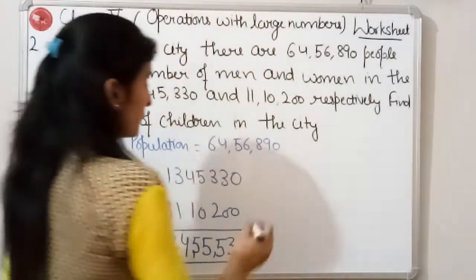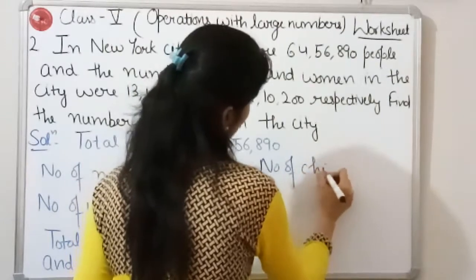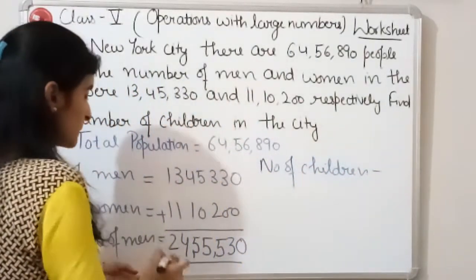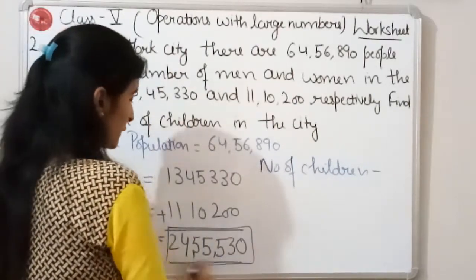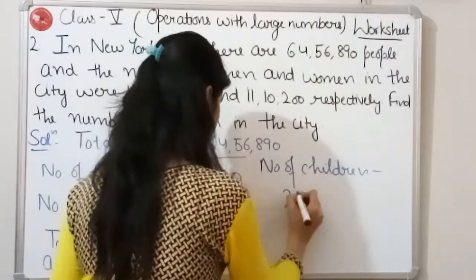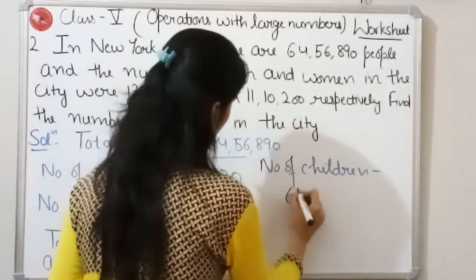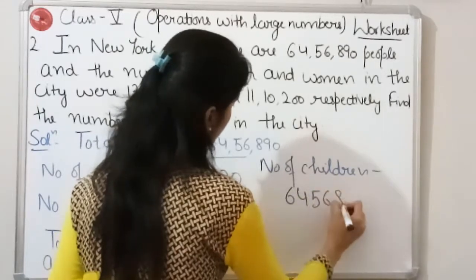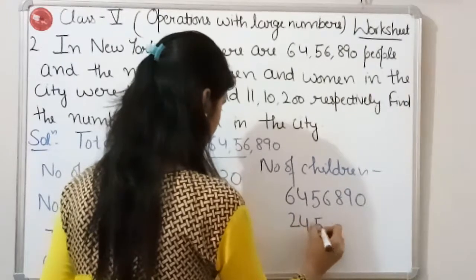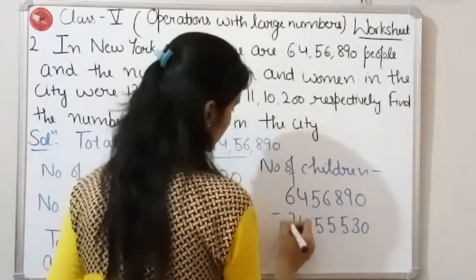Now we have to find out the number of children. So for finding the number of children, we are going to subtract total number of men and women from the total population. So that means 64,56,890 minus 24,55,530.